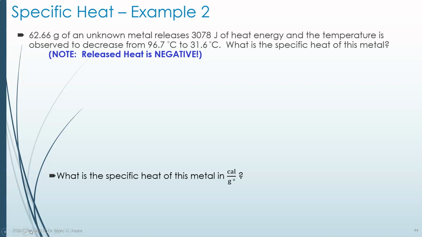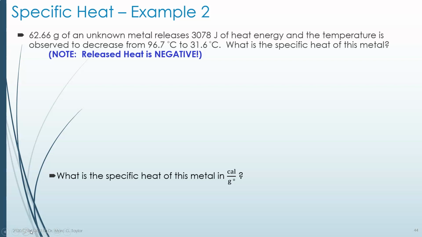Here's another example, and I'll leave this for you, but here we have 62.66 grams of an unknown metal releasing 3,078 joules of heat energy. So you now have been told the mass and the energy, the heat, the Q, not the specific heat. And the temperature is observed to decrease from 96.7 to 31.6.